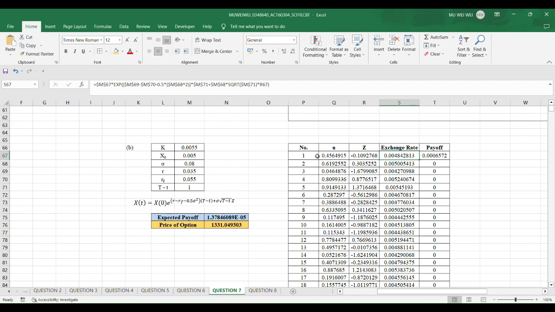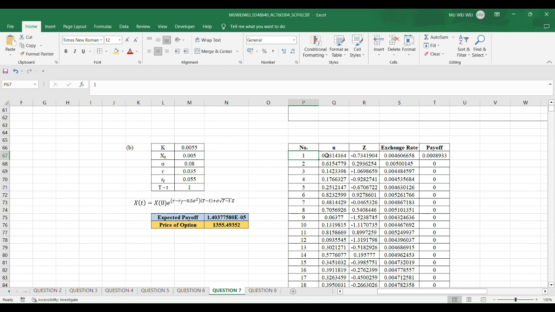So first, I start off by generating a sequence until 100,000 since the question wants 100,000 iterations. So I use the fill function right here, series. The start value will be 1 and the stop value will be 100,000 and the series will be generated in columns.